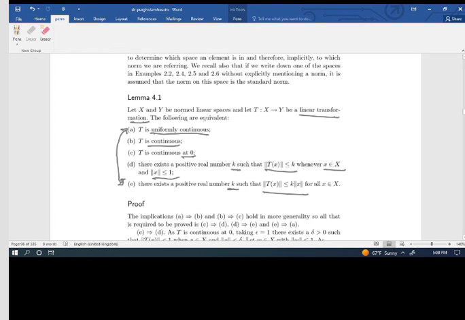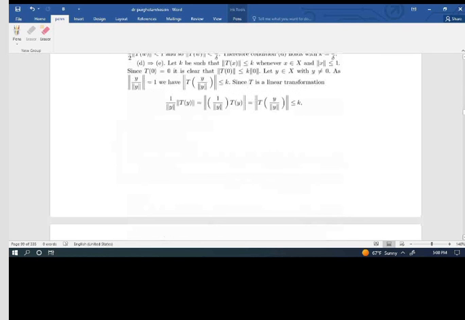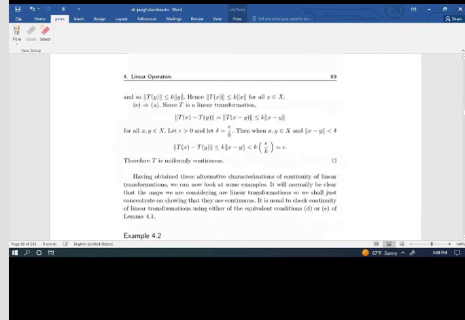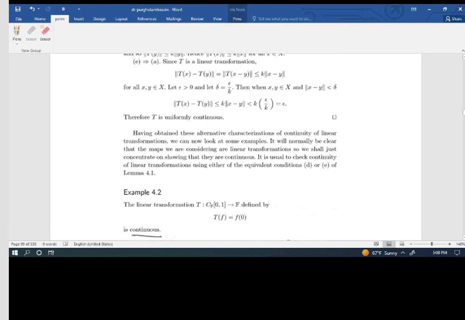At first, this lemma says that all these five conditions are the same. So we say that T is continuous if and only if T satisfies any of these conditions.